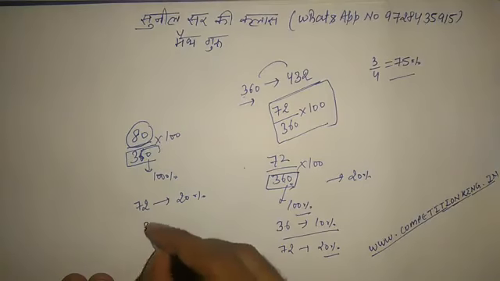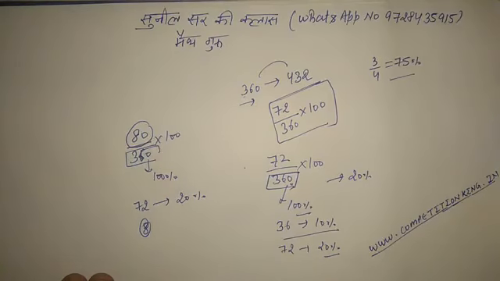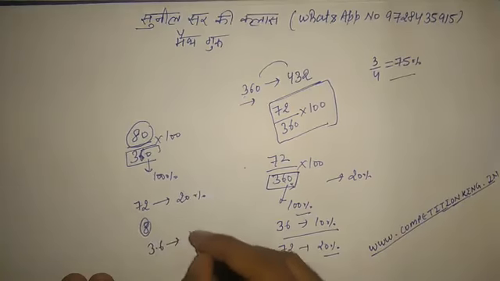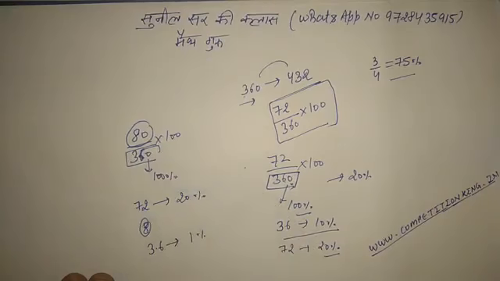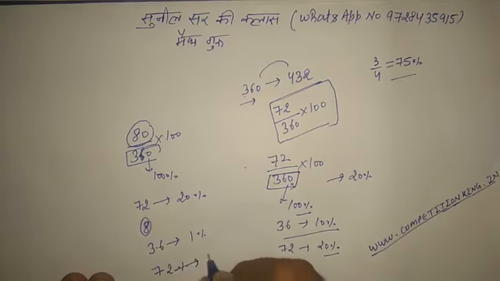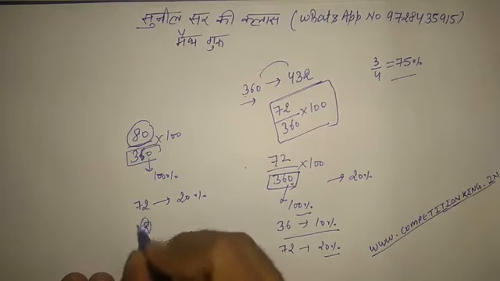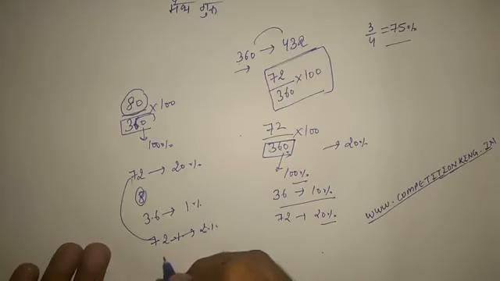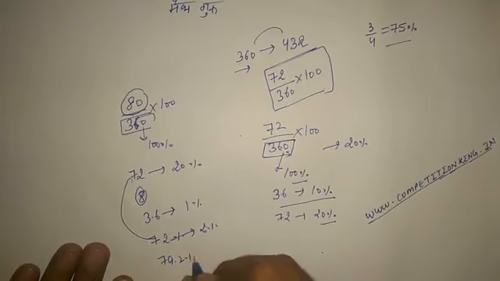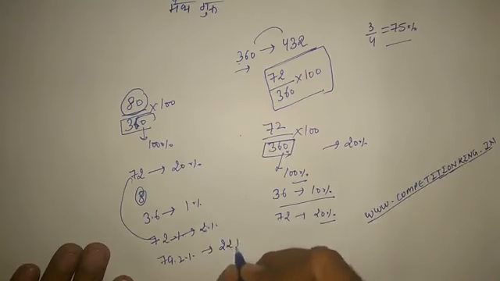If I calculate 8 more, then I will get the answer. Now, as we know, 3.6 is 1% of 360. This means 7.2 is 2%. So if I add this, I will get 79.2 is equal to 22%.